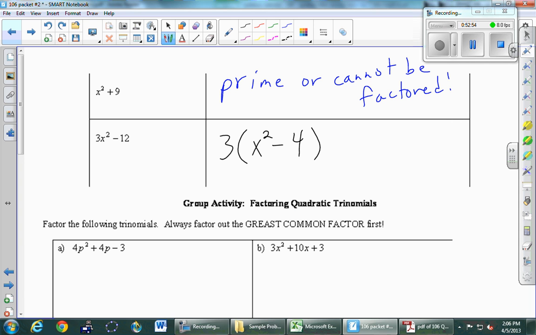So that's the new formula. What do we get here? Good.